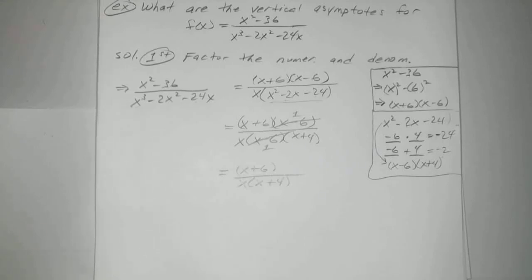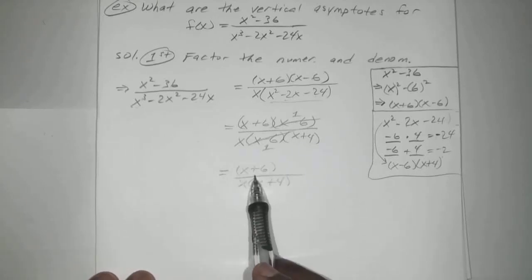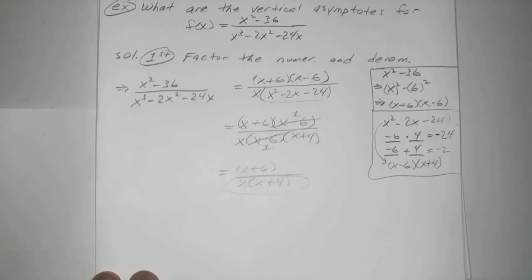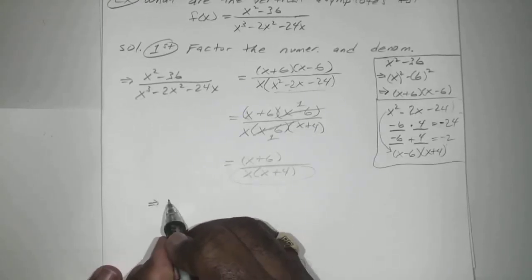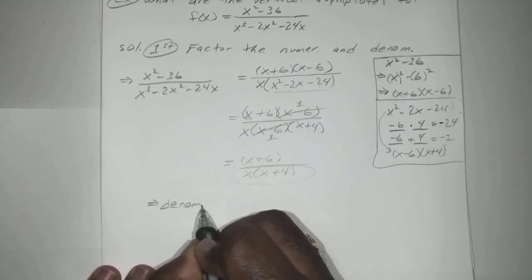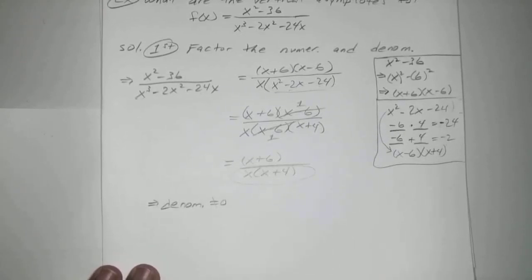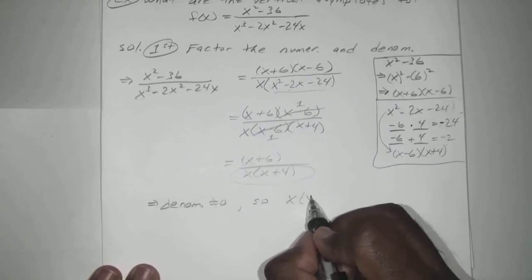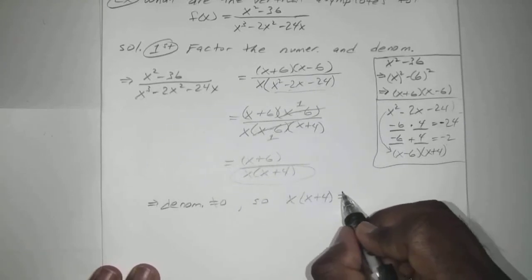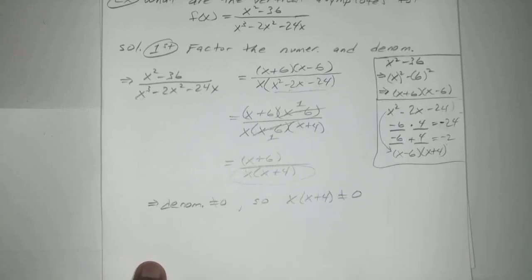Remember, to find your vertical asymptote, your denominator can equal 0. So x times x plus 4 can equal 0.